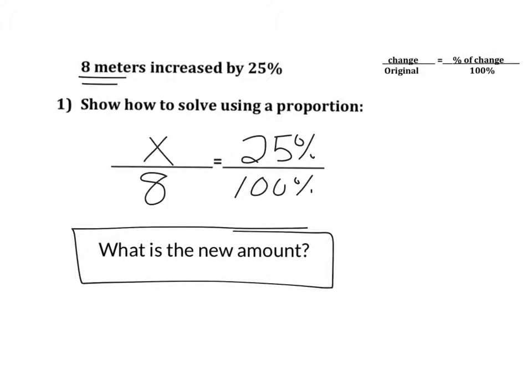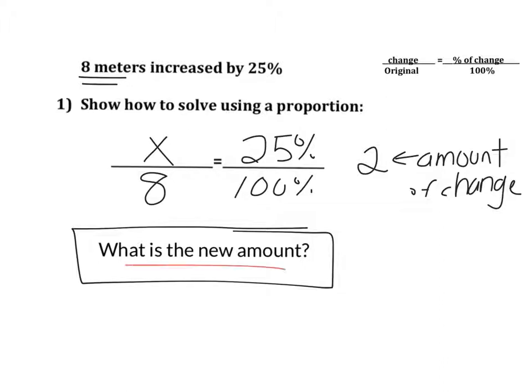Okay, so we need to first figure out how much did it go up by? What was the amount of change? All right, when I solve this, do 25 times 8 divided by 100, I get an answer of 2. That's the amount that it changed by, right? Let me just get this written down here. But our question didn't ask how much did it change by.